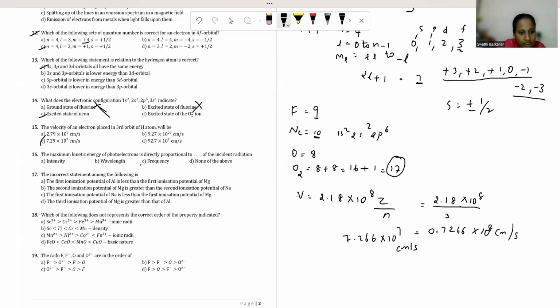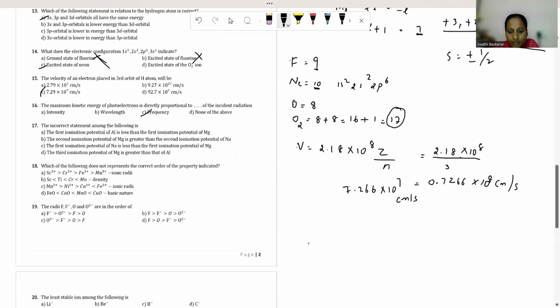So frequency is the correct option because energy E is equal to h nu. So nu is directly proportional. Hence only the frequency would be directly proportional, not wavelength. Wavelength will be inversely proportional.